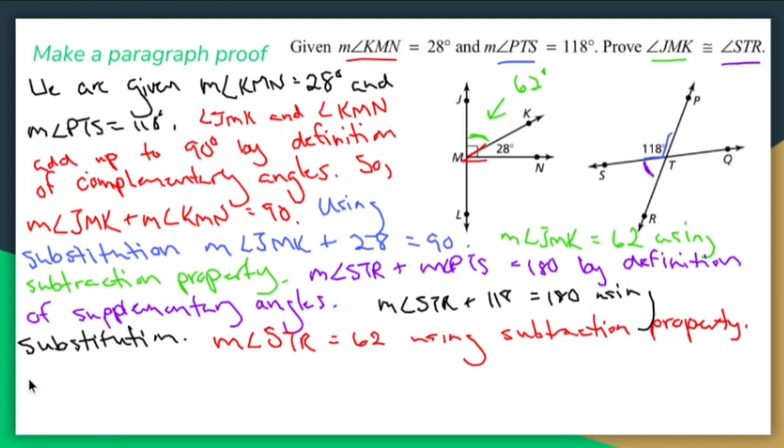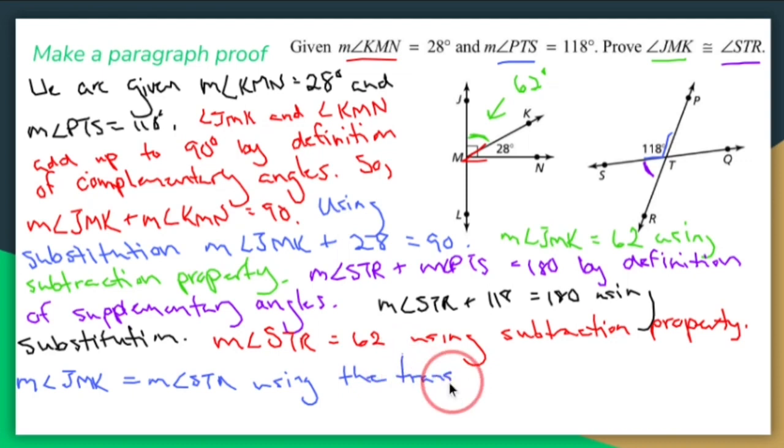But first, I have to say the measure of JMK is the same as the measure of angle STR using the transitive property. Transitive property says if A is C and B is C, then A is B. So that's what transitive property is.